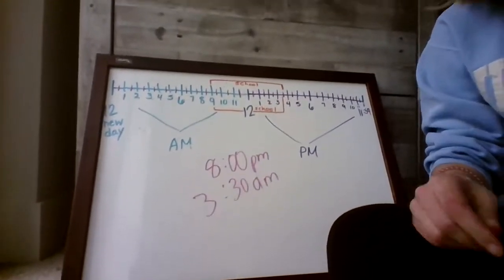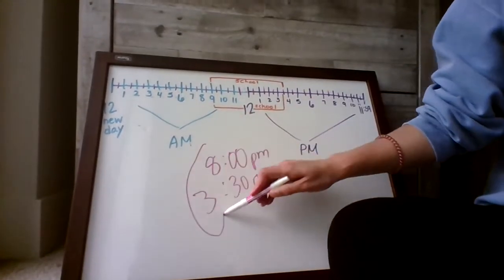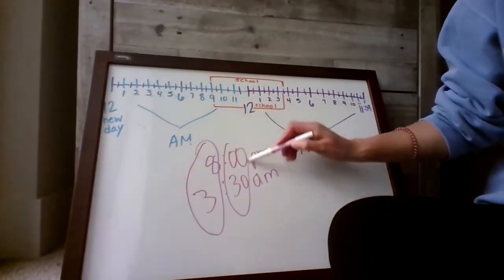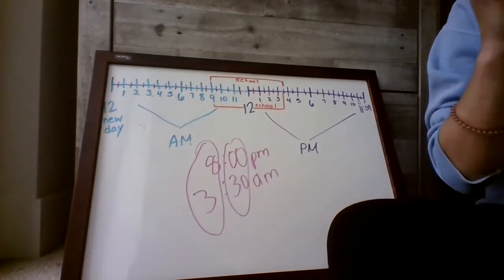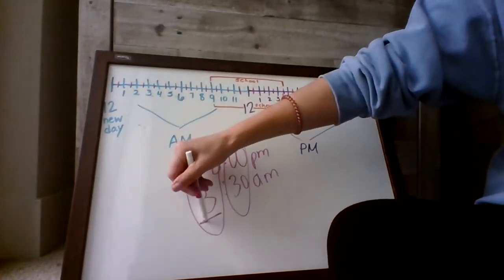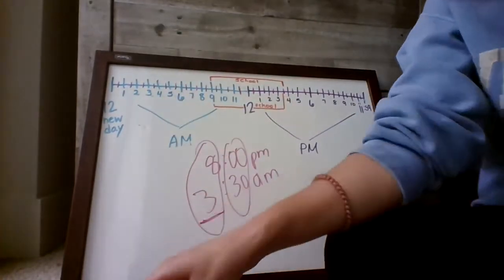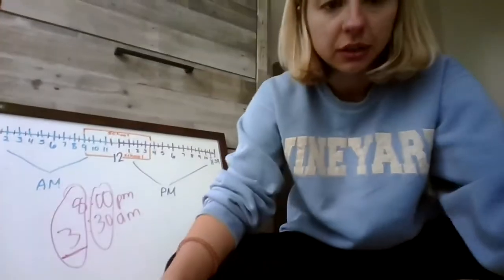Wow. Okay, so look at this. I know it's a little sloppy. The hour changes and the minutes change. So what I want to do is start by figuring out how many hours have gone by from 8 to 3. Let's start with our clock.